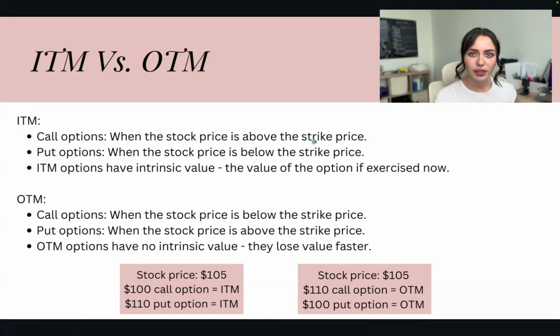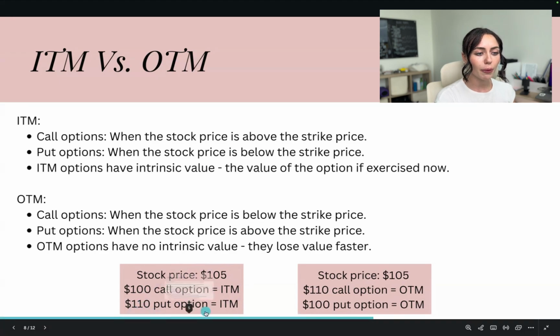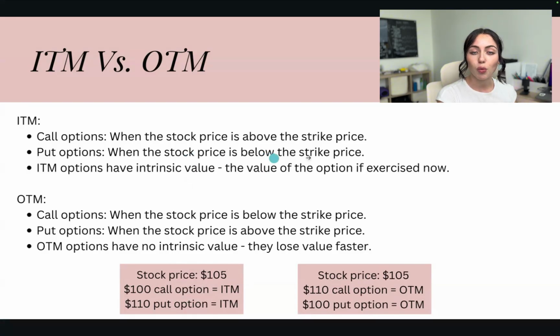For put options, they are in the money when the stock price is below the strike price. So back to our Apple example, our stock price is currently at $105, but we have a $110 put option. So our stock price of $105 is below our strike price of $110. And those are in the money, which is a good thing.